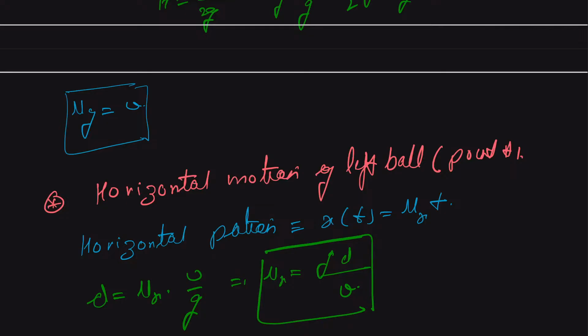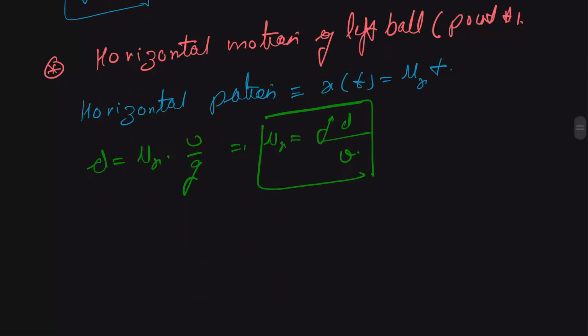And we are also going to find the minimum speed for the left ball, that's our u. Therefore we need to minimize the speed u.